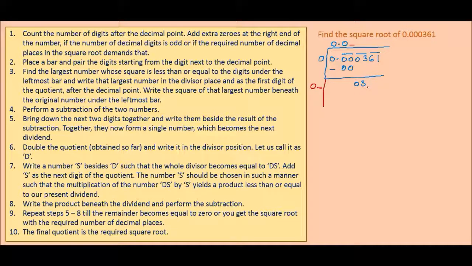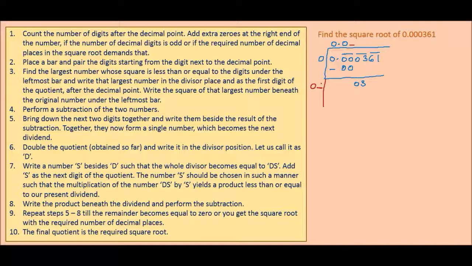Our present dividend is 3. Now we have to add a number over here, which when multiplied by itself gives a product equal to or less than 3.